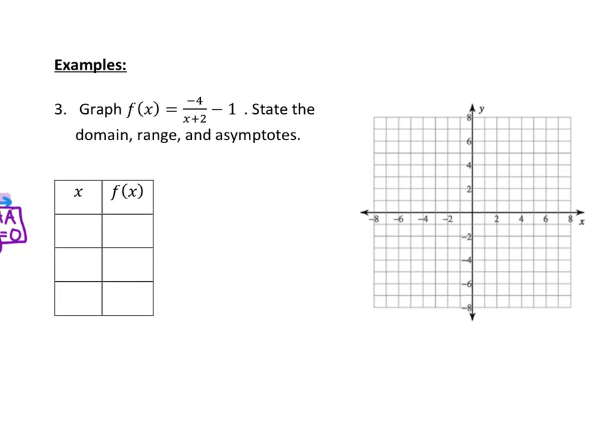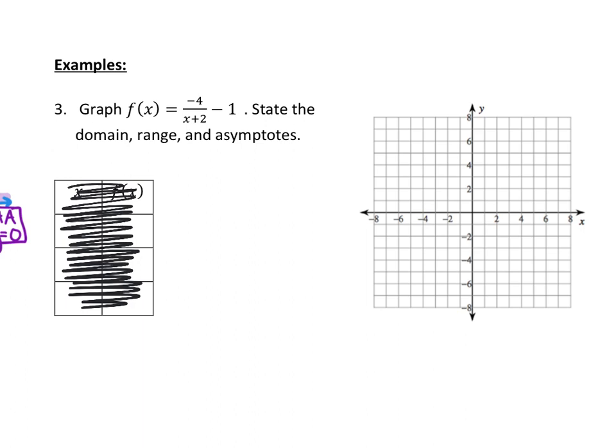Example 3. Now, first of all, if you don't like things to be blank on your notes, we're not going to use this, because we're just going to sketch this graph. The graph that we're going to sketch is f of x equal to negative 4 over x plus 2 minus 1. Immediately, I want you to take your color that represents your vertical asymptotes, and I want you to highlight the number plus 2.